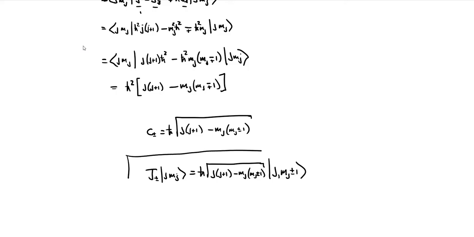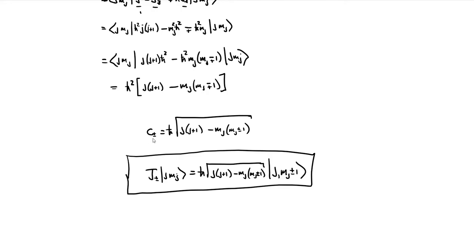And that's how those ladder operators operate on our eigenstates or our basis states in this JMJ basis. And this is going to be really useful to us. This is where we're going to stop for today.